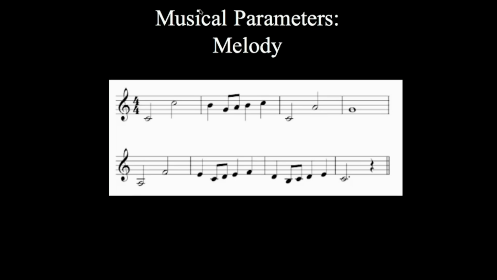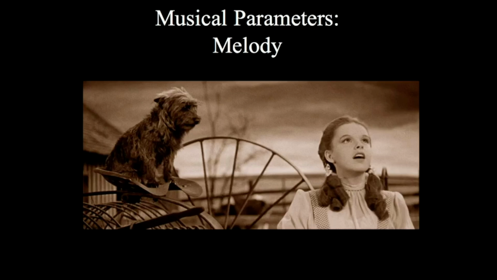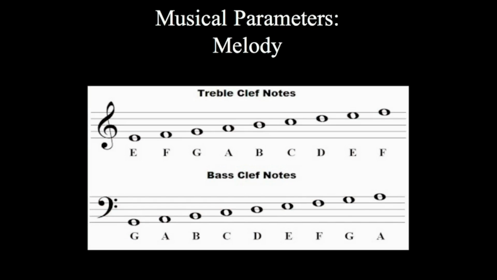So now we've talked about melody and how it has shape, how it has rhetorical effect, how it has a foreground and a background, and I've talked a little bit about the rhythmic values of these notes. Let's talk about the note names. Now, don't worry, you are not going to be tested on being able to name any of these notes.